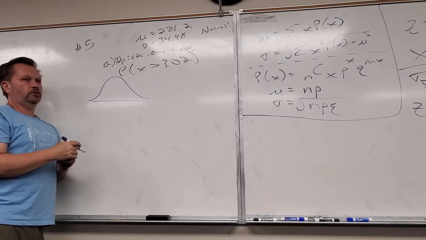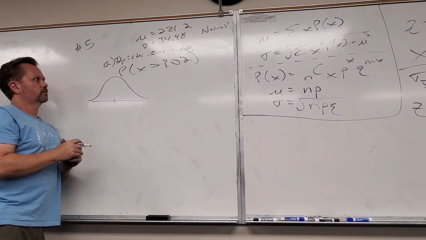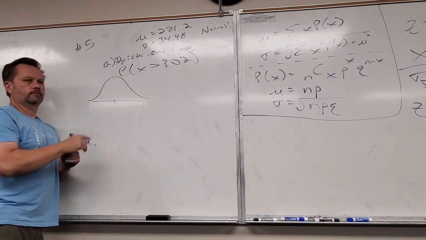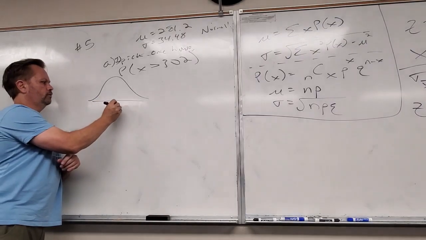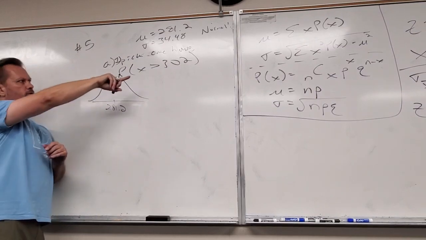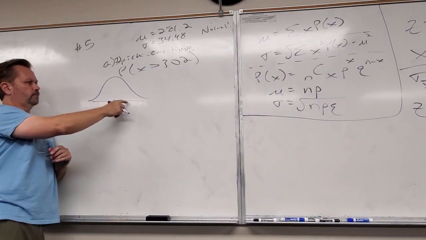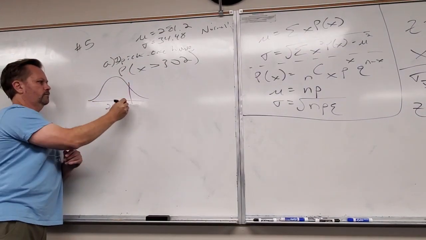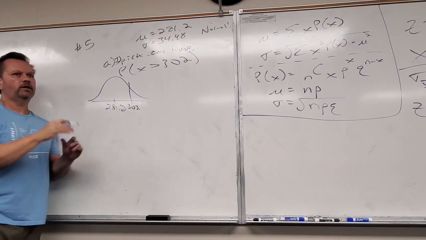I'm going to catch up to you a little bit. What goes right in the middle? 281.2. What else do I want to put on there? 302. And where's it going to go? Up here. That makes sense. And then shade in the area you want.